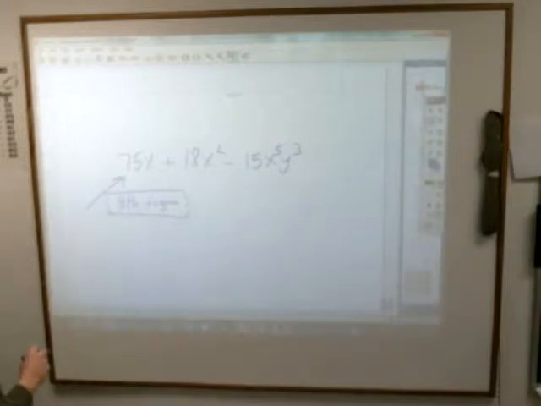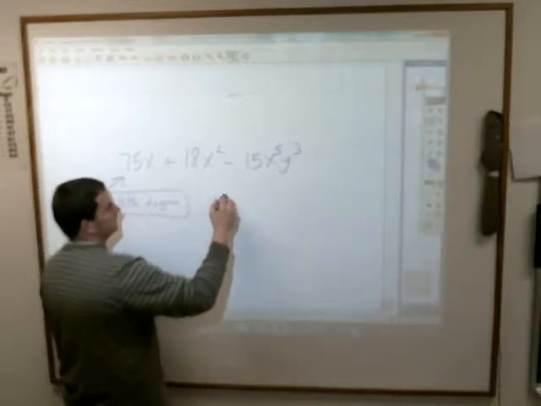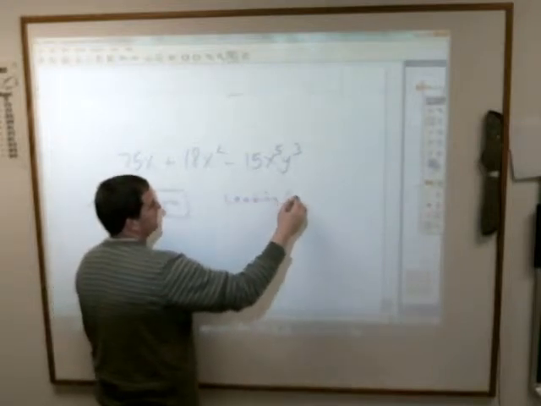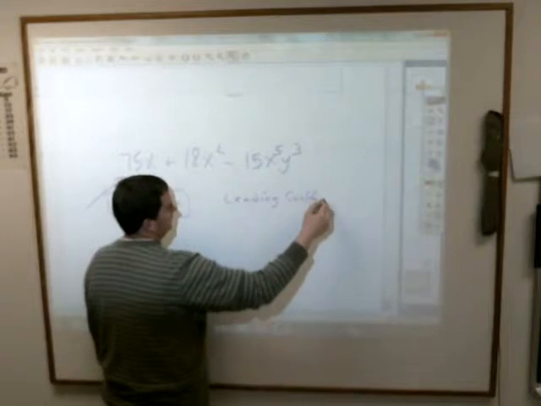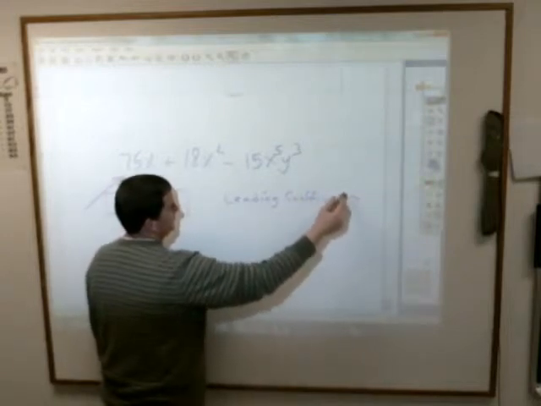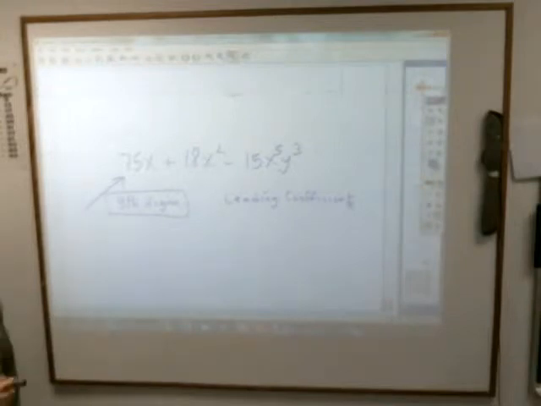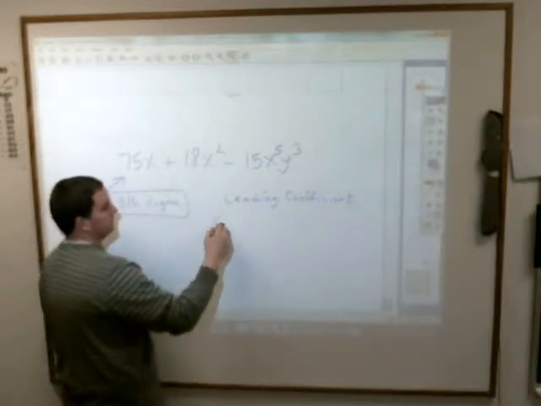Some other definitions apparently we need to know. The words leading coefficient and standard form of a polynomial.